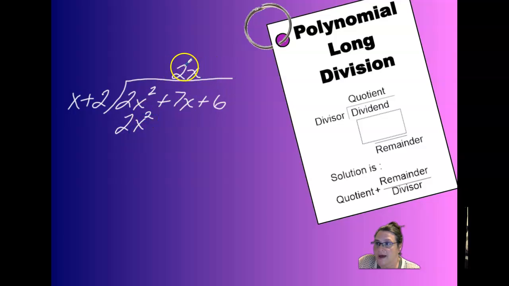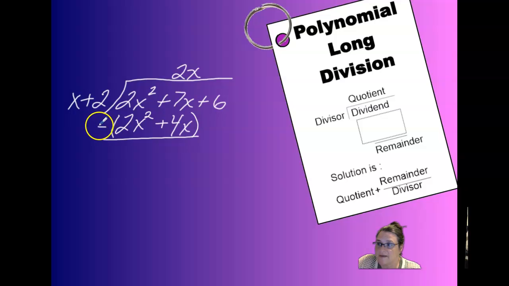Okay, then 2x times the constant in my divisor, that's a positive, positive 4x. Okay, then I'm going to draw a line, and I have to subtract this 2x squared plus 4x from the dividend to continue that algorithm.